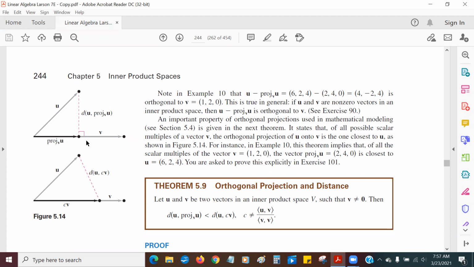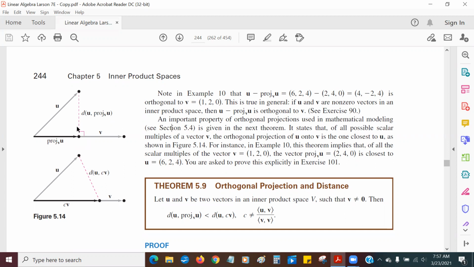So u minus the projection of u winds up being (4,-2,4), which is basically this red perpendicular guy right there. And of course, it is perpendicular to v, because that's the point. It's orthogonal because we dropped a projection. That's what projection is.